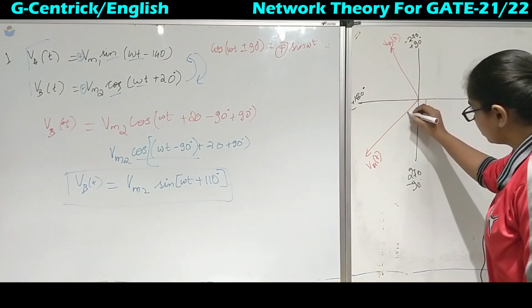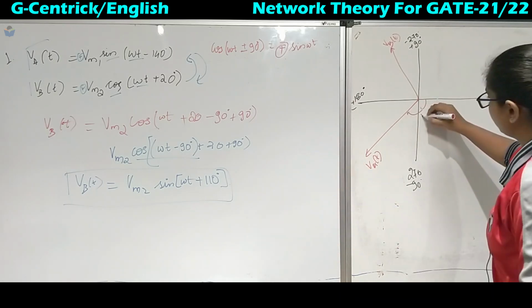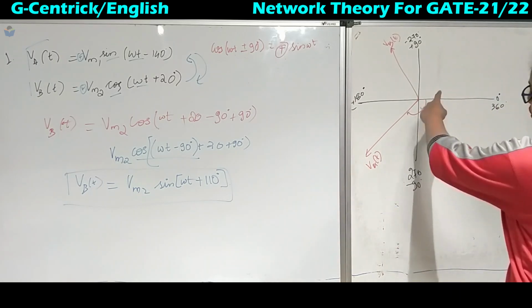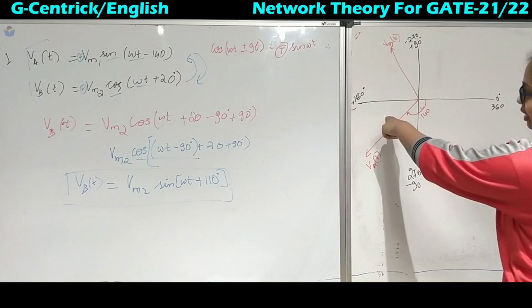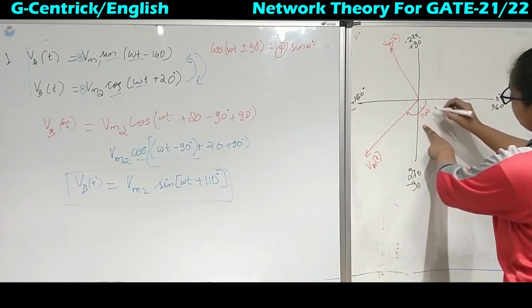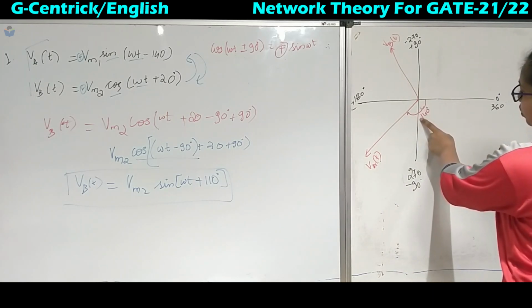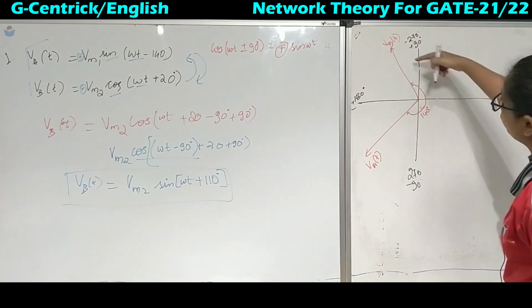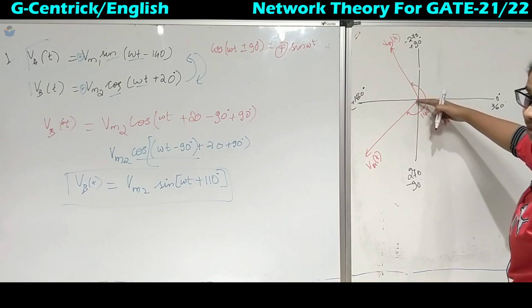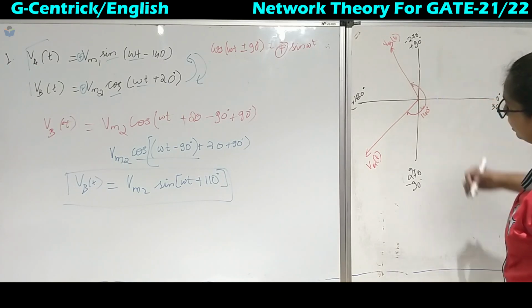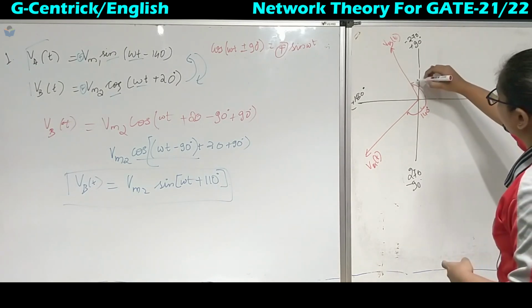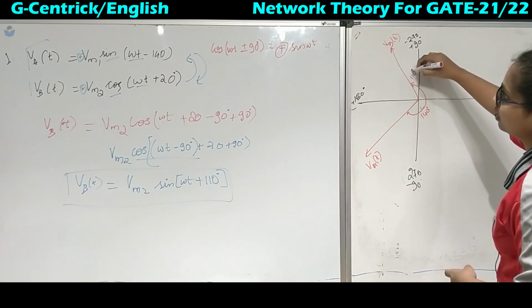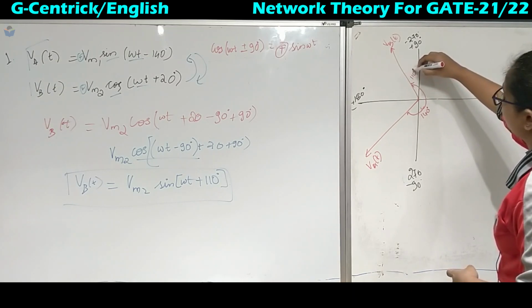So this is how much? Minus 140. The arrow direction itself indicates the clockwise direction, so we do not need to put the negative sign over here. Similarly for this also, we are moving in the anti-clockwise direction. This arrow head indicates in which direction we are moving, and this is 110 degree.